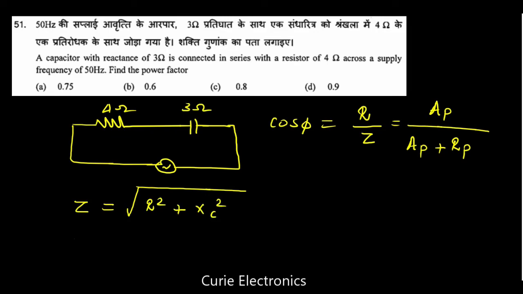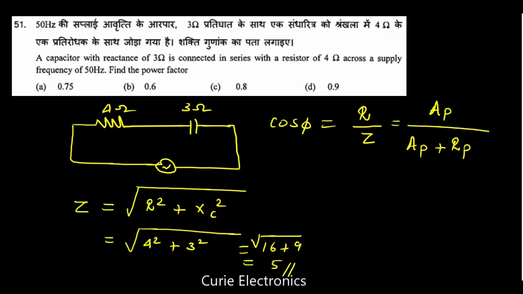So what is the value of R? 4 square plus what is XC square? 3 square. So it is 16 plus 9, root of 25, which is equal to 5. We got the impedance as 5 ohm.